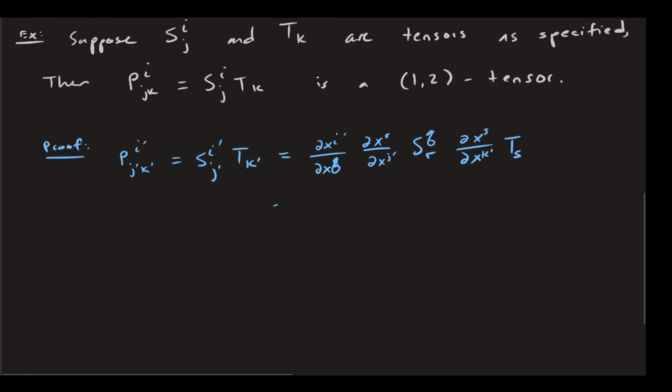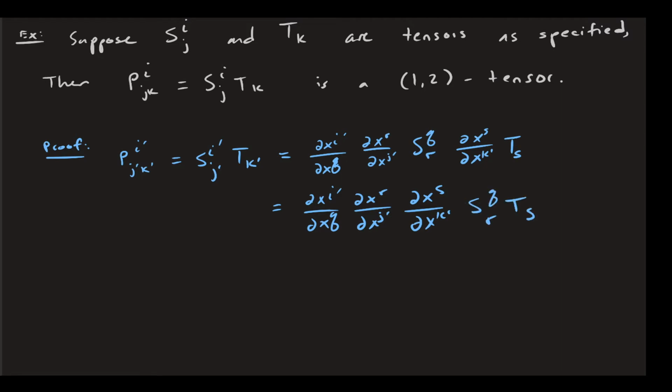And now that would be ∂x^{i'}/∂x^q ∂x^r/∂x^{j'} ∂x^s/∂x^{k'} S^q_r T_s. But now this is just P^q_{rs}.